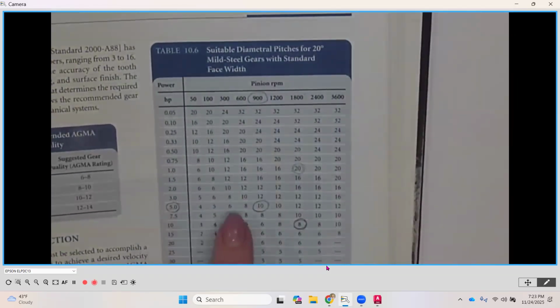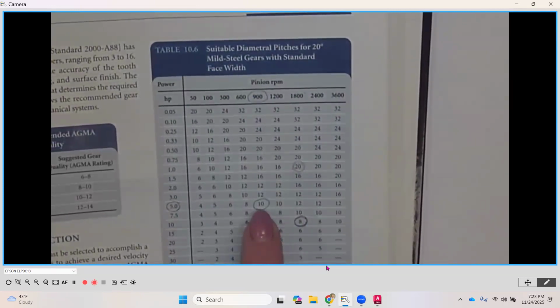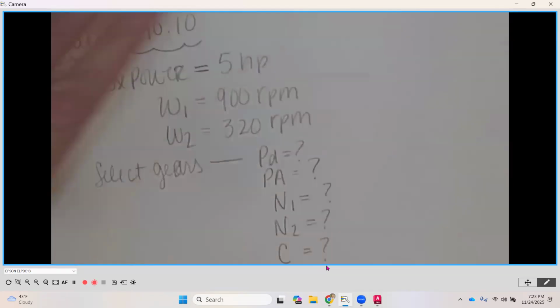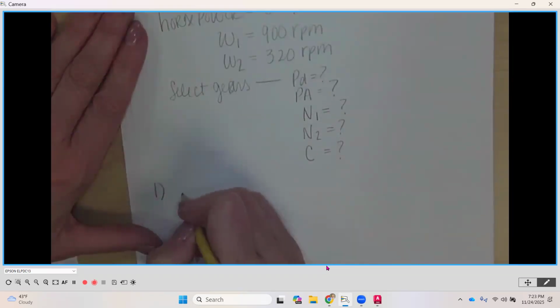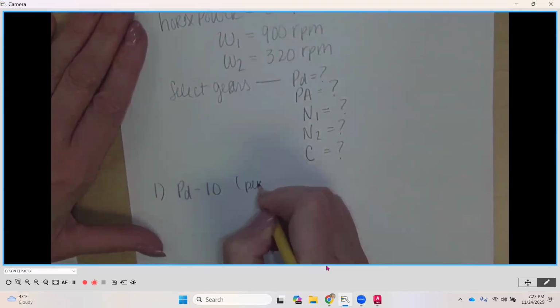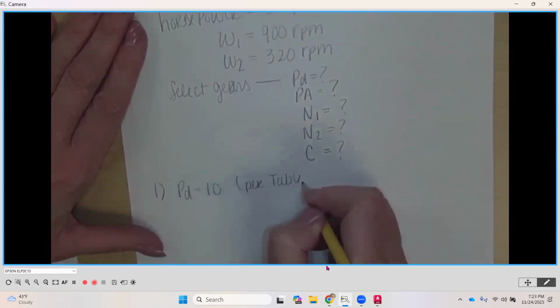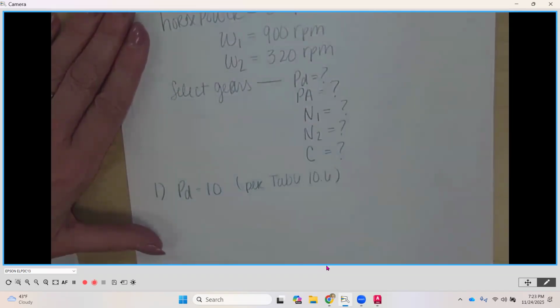And we're going to find 5 horsepower. So it looks like we come together at a diametral pitch of 10. Do you guys see that? Okay. So that's the first element. 1. P sub D equals 10, per table 10.6. That's it.